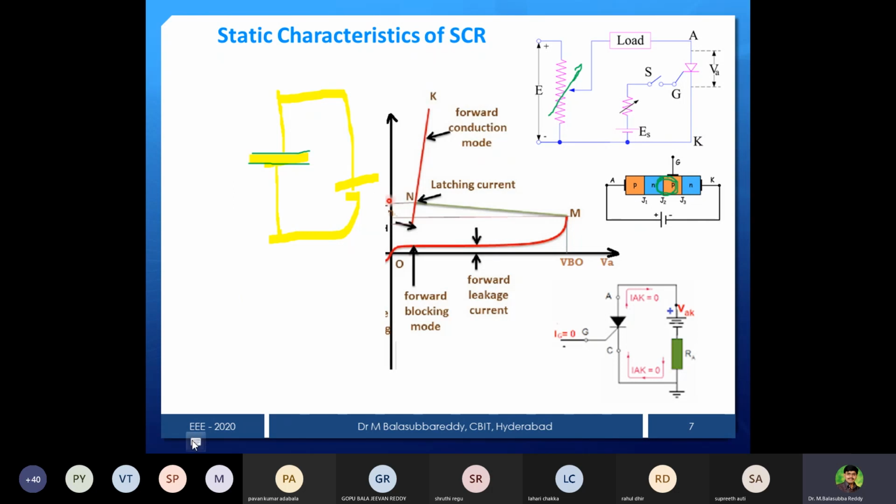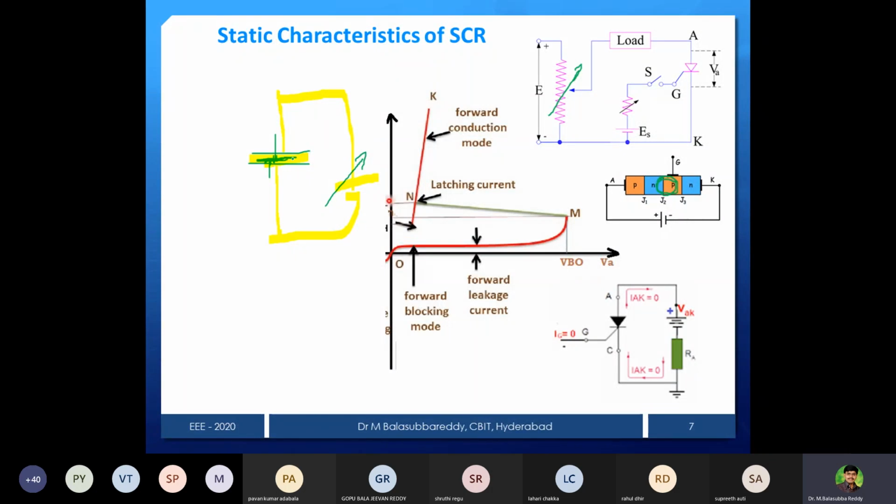If we gradually increase the voltage, the width will gradually drop down. So when the voltage across anode and cathode is increased, the width of the depletion layer decreases.